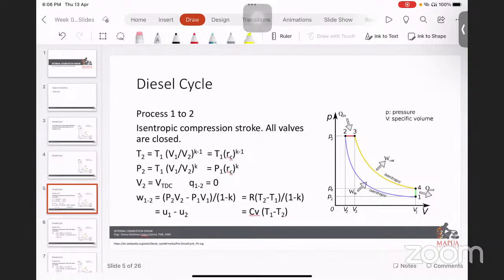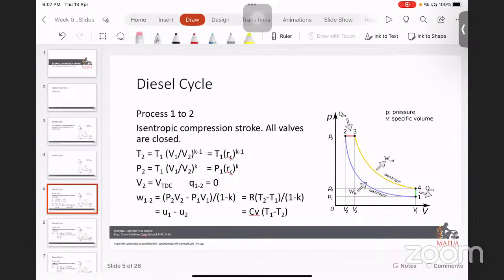Yung rc is yung compression ratio mo, since V1 over V2 is the ratio between the bottom dead center and the top dead center. So ito ay yung compression ratio. Okay? At this point, Q is equal to 0, pero dahil meron kang change in volume, meron kang work. So, work is equal to Cv. Ano yung Cv? Cv is the specific heat at constant volume times the change in temperature.